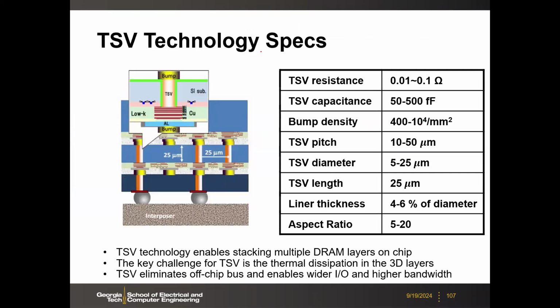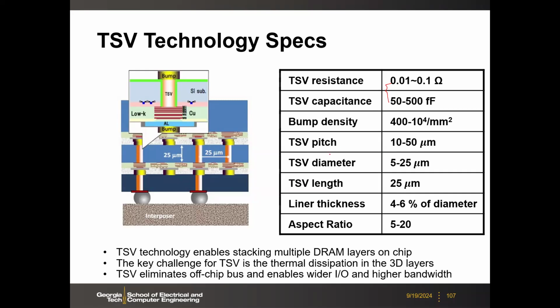So here are some typical parameters for the TSV. Essentially, it will introduce parasitic RC for the signaling, and typically they are in this range. The resistance is pretty small, but the capacitance is quite significant, like tens of femtofarads.